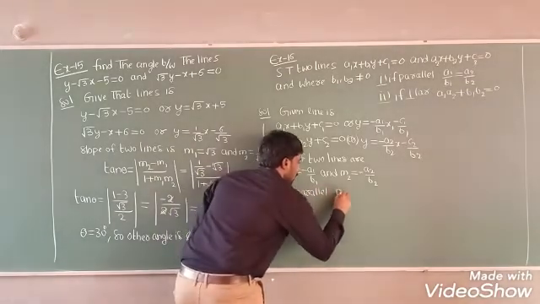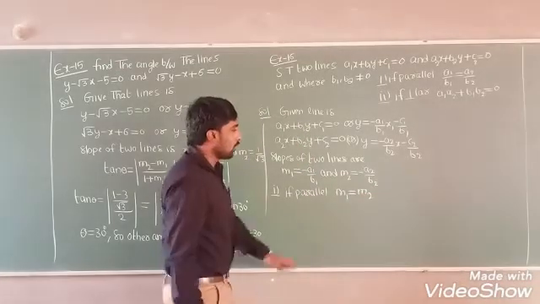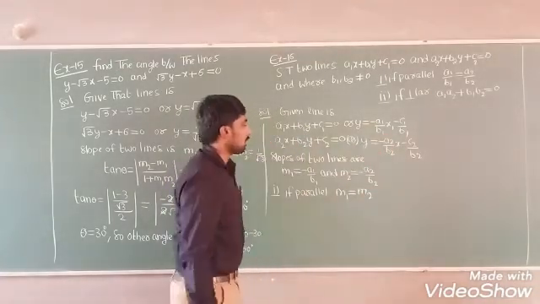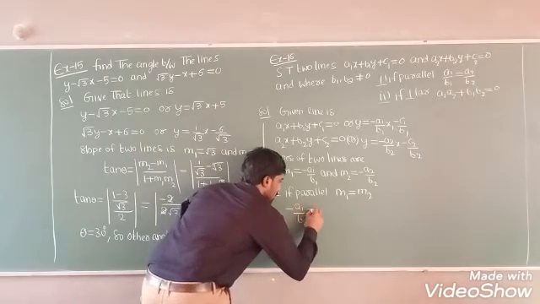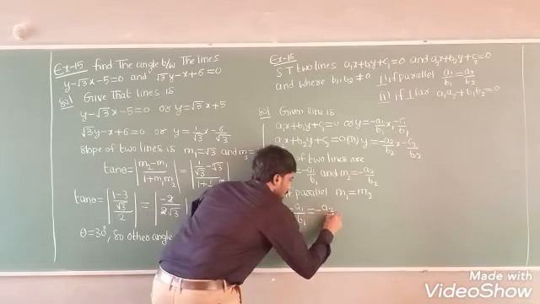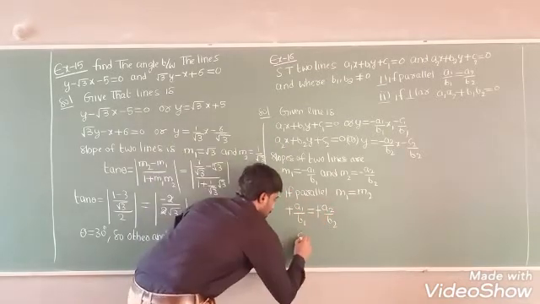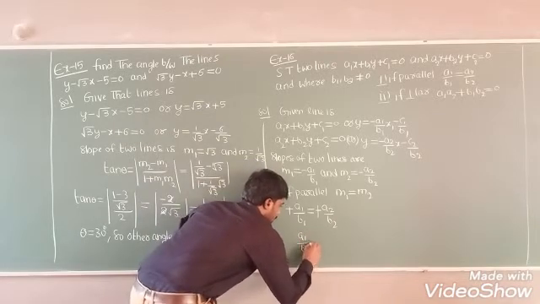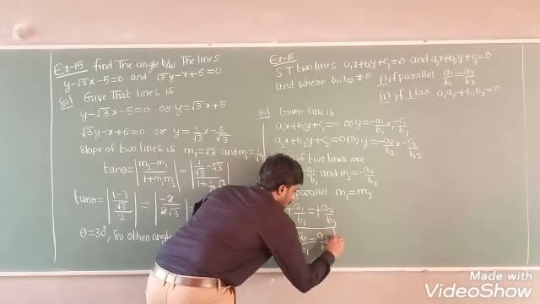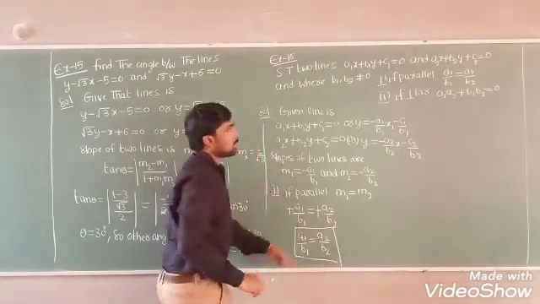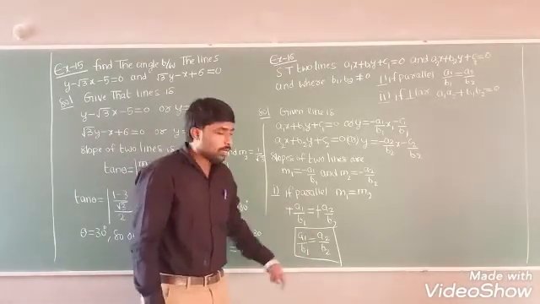Slopes are equal, m1 equal to m2. So minus a1 by b1 is equal to minus a2 by b2. Okay, minus gets cancelled. What I am getting here? a1 by b1 equal to a2 by b2. So if two lines are parallel, the condition is a1 by b1 equal to a2 by b2.